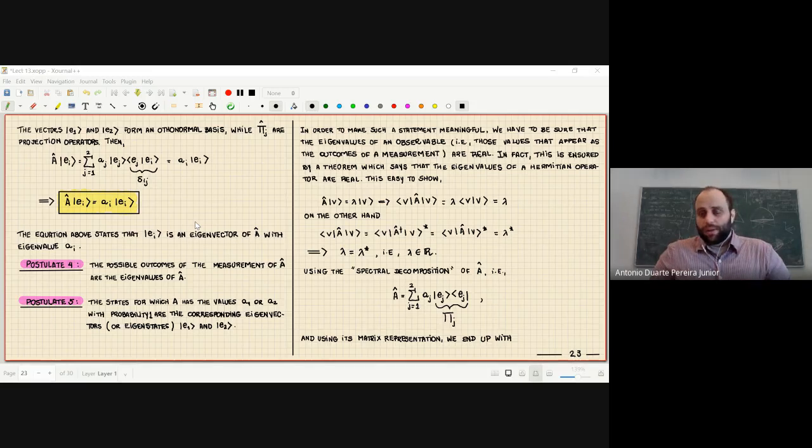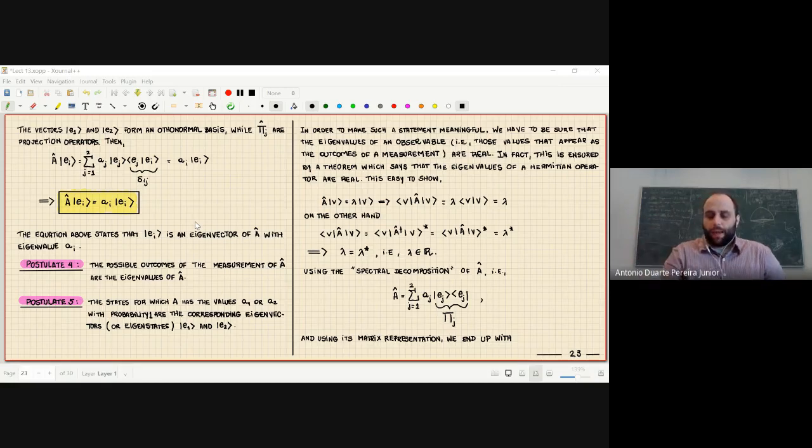But it turns out that Hermitian operators, as we discussed in the previous slide, have this very nice property: a Hermitian operator has necessarily real eigenvalues. So if you have an operator which is Hermitian and you compute its eigenvalues, they are going to be real numbers.